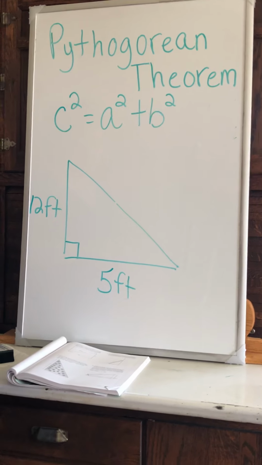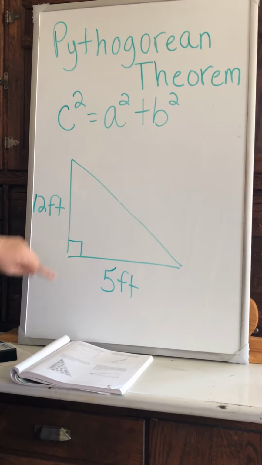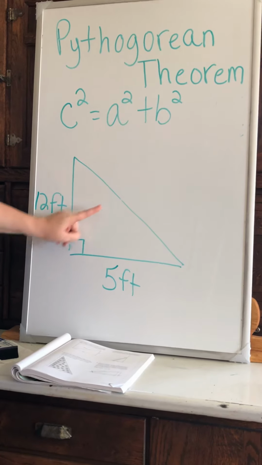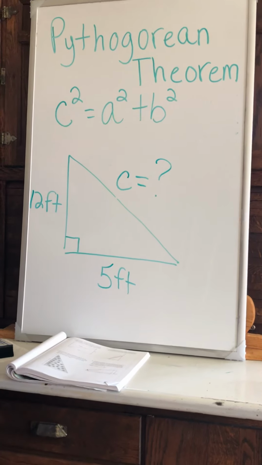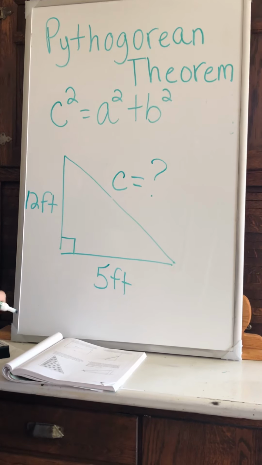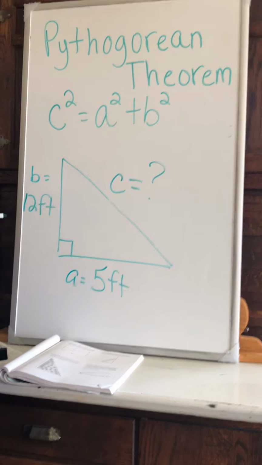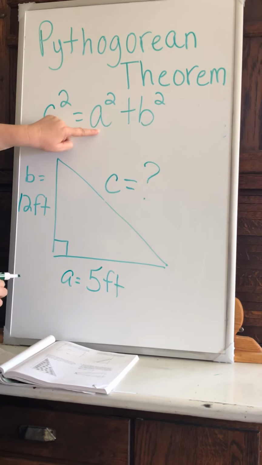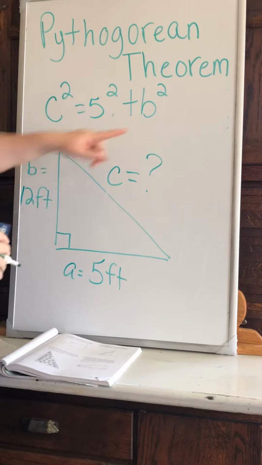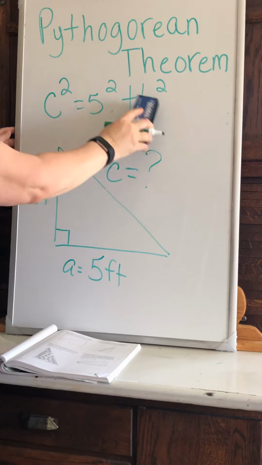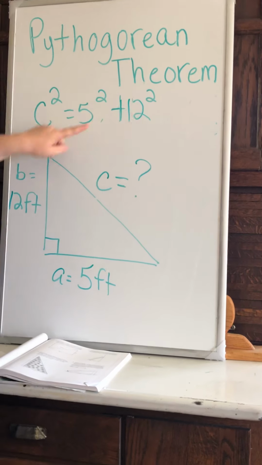The last question is, how long is the side that's opposite of the right angle? Well, here's our right angle, so this one that's opposite would be the hypotenuse. And they're wanting to know the answer for side C. So let's go ahead and plug these answers in. I'm going to say this is A, this is B, because it did not specify. Well, A squared is going to equal 5 squared. B squared is going to equal 12 squared. So what is 5 squared?